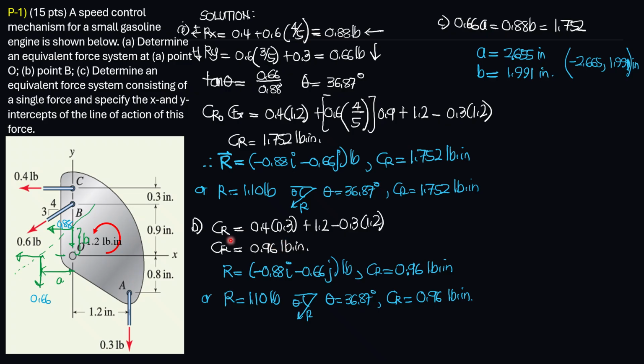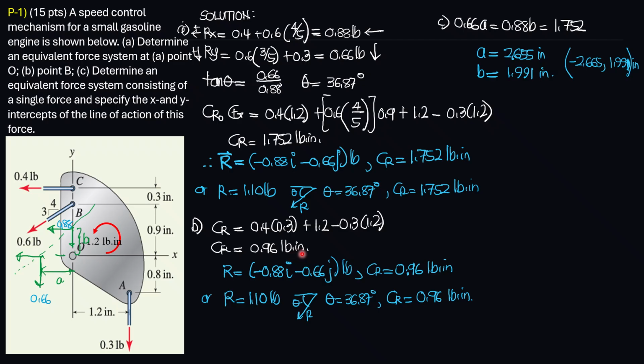Then the couple at B: the 0.6 pound force has no moment, so 0.4 times 0.3, that's counterclockwise, then plus 1.2 counterclockwise, then minus 0.3 times 1.2, so 0.96 pound-inch counterclockwise also.